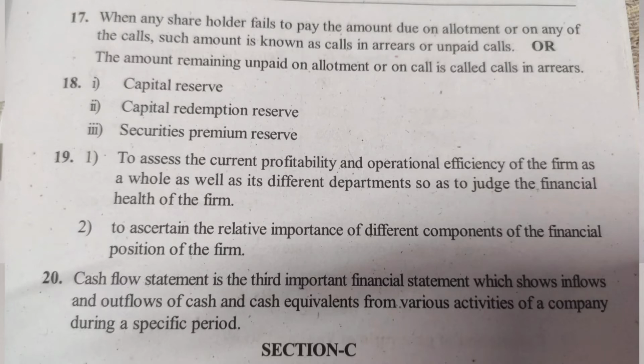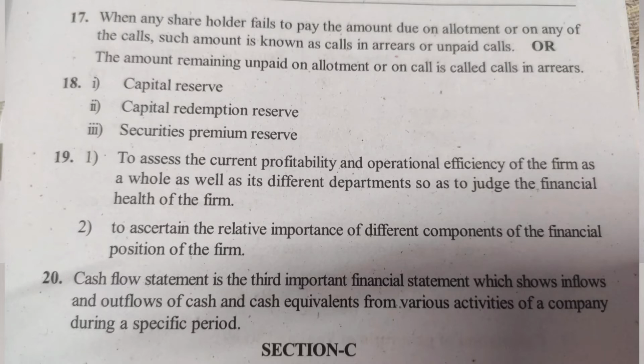To assess the current profitability and operational efficiency of the firm as a whole and in different departments, and to see the financial position of the firm, for which we need financial statements. Second is to understand the importance of different components of the financial position. One is to judge the financial health and strength of the firm. Second is to understand the components of the financial position of the firm.